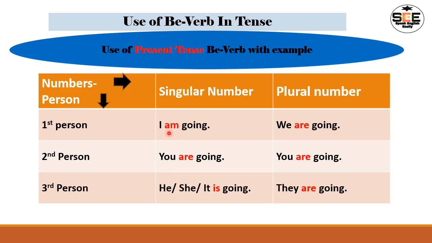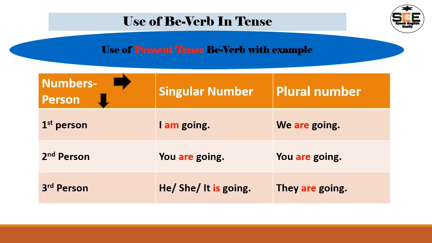Here it is I and here it is we. So we should understand and we should know it very clearly, right? So that we can learn the English language very easily. So this was the table of present tense where we are using these 3 be-verbs with person, right, with numbers.